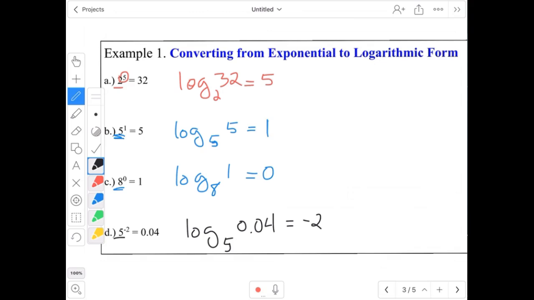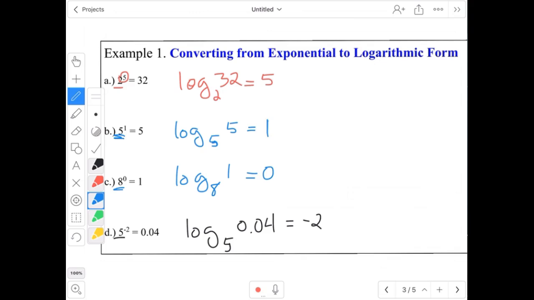You can do logs on your calculator. However, your calculator only assumes one type of log, or actually two. There's the natural log and a log with a base of 10.